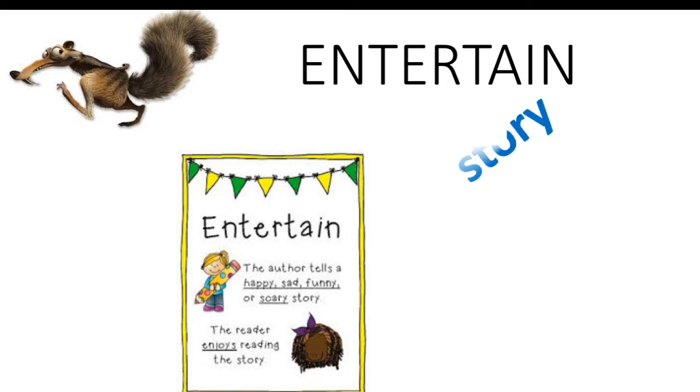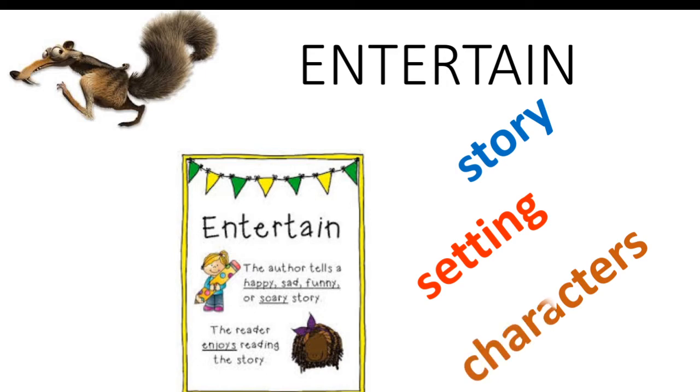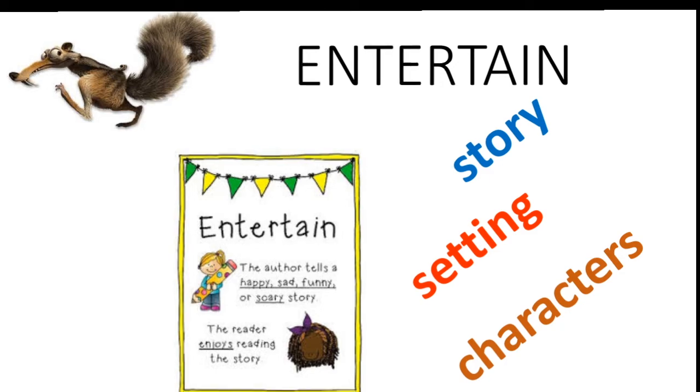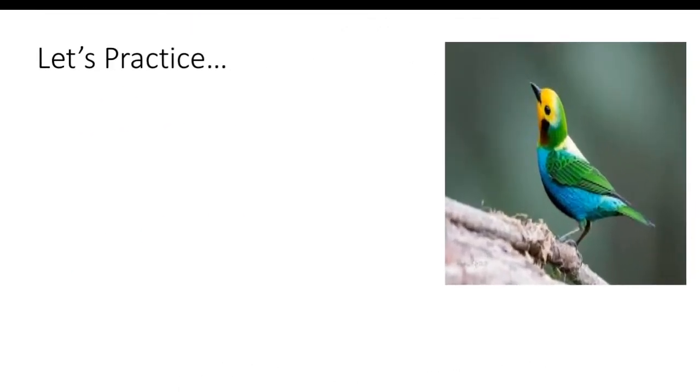And the story that is entertaining has the setting, a place where something happens, and the characters acting in the story. So these are the three main reasons why the author writes the story: to persuade you, to entertain you, and to inform you. Now we are going to practice. Let's see.